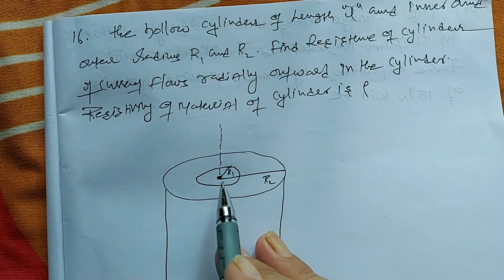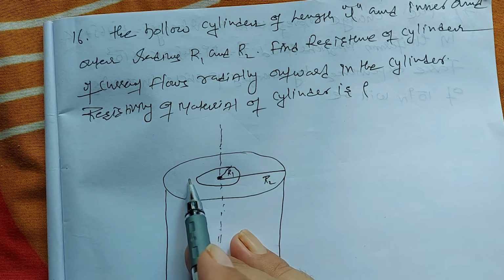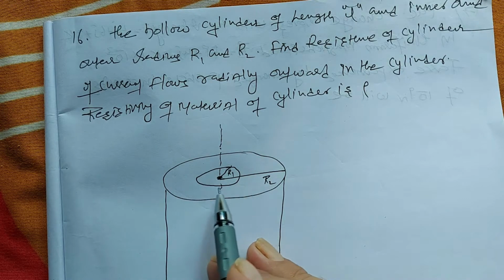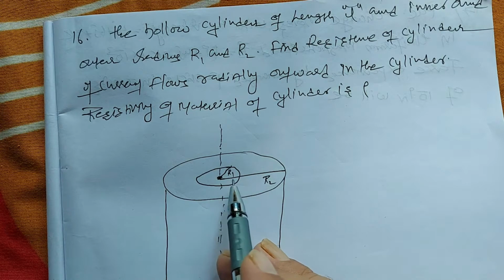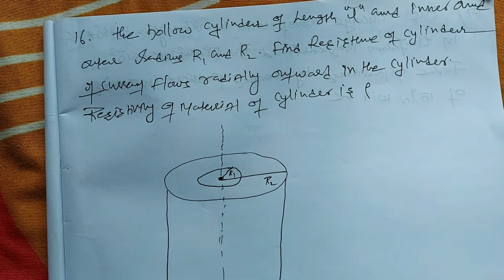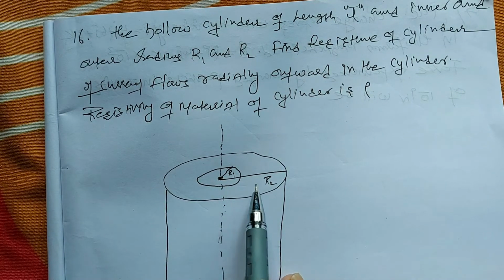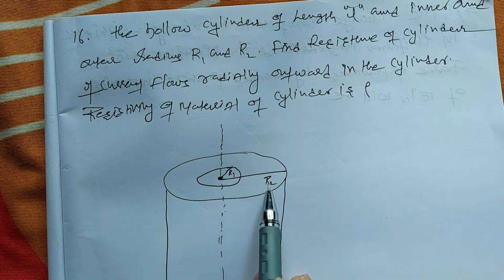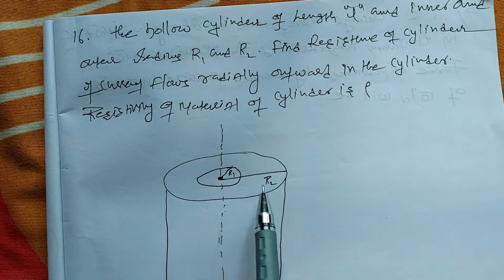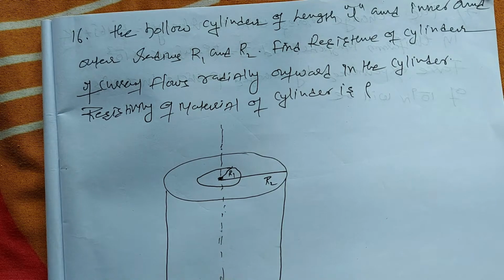Whenever the current is flowing radially outward along this direction, the area of the cylinder gradually increases. As the radius increases, the area of the cylinder also changes, but the length is constant.